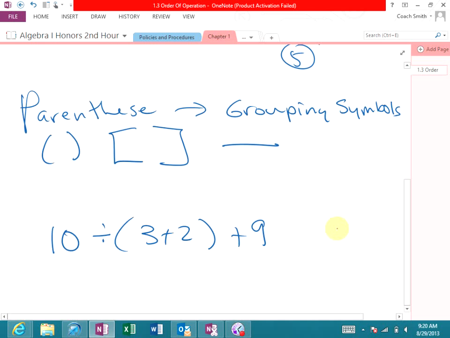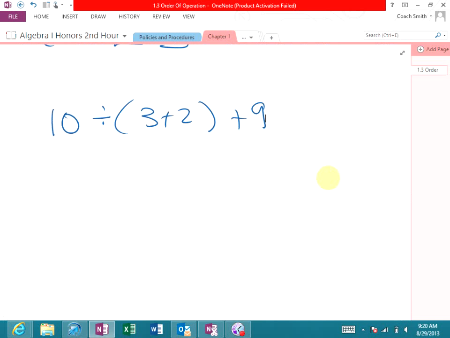All right. What'd you get, Caleb? 11. That is correct. Now, what do we do first, Michael? Add 3 plus 2. We add 3 plus 2 because it's in the parentheses. So that gives us 10 divided by 5 plus 9. What's next?